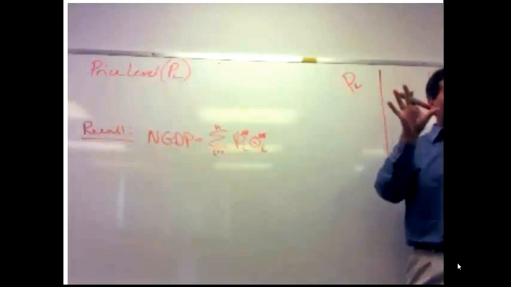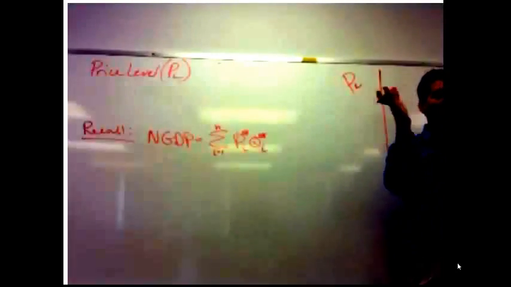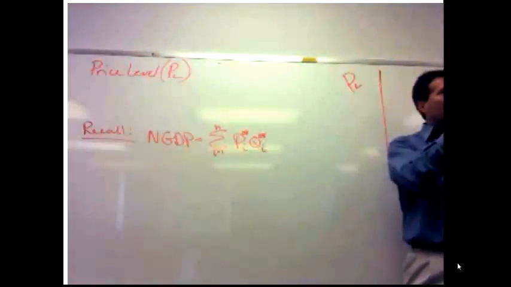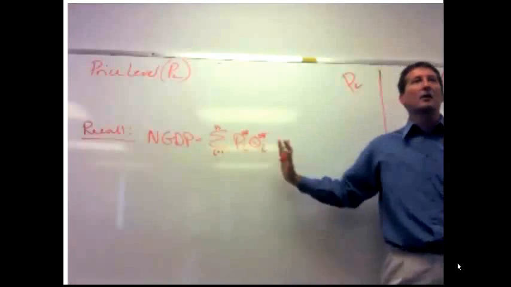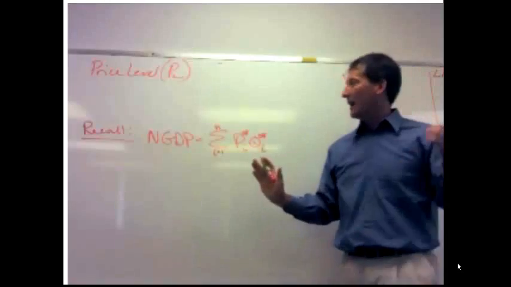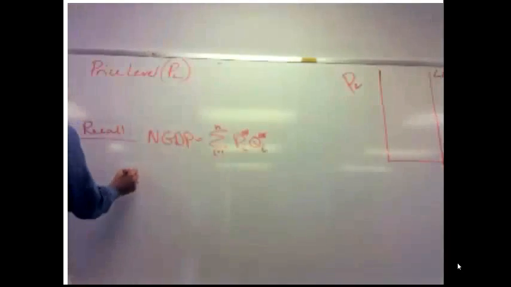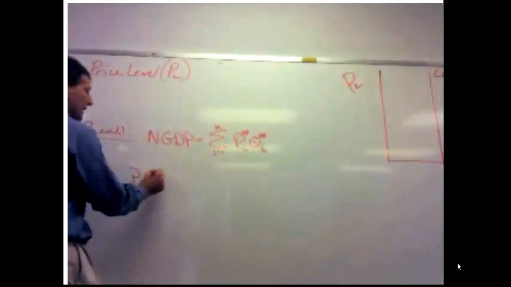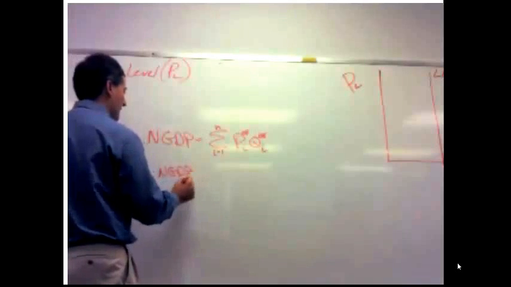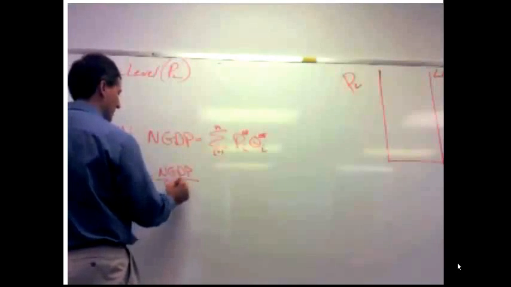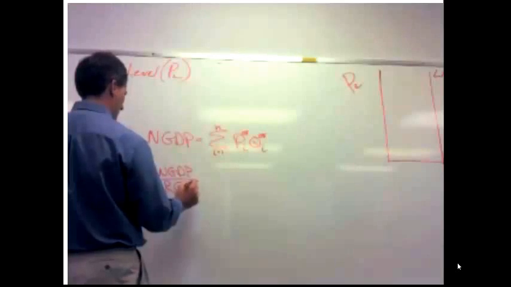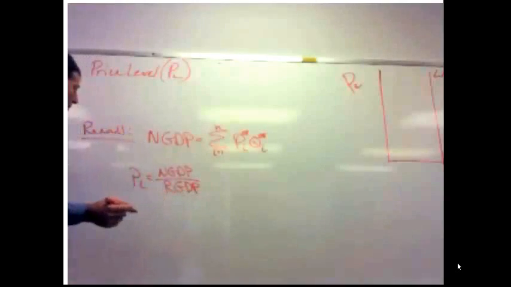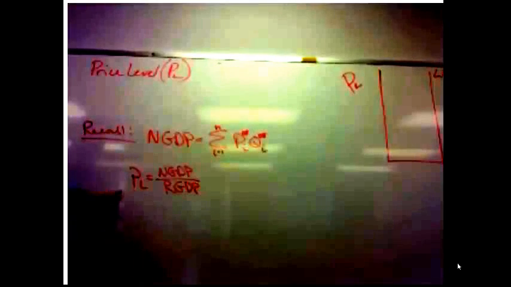So this price level business gave us a mechanism, a neat little trick to separate out those 2 effects, the price effect and the quantity effect. And as Jake pointed out, the price level was calculated by taking the ratio of nominal GDP divided by real GDP in a given year.